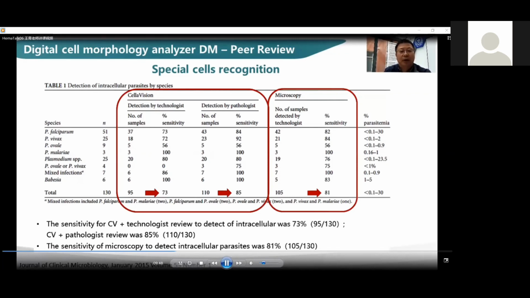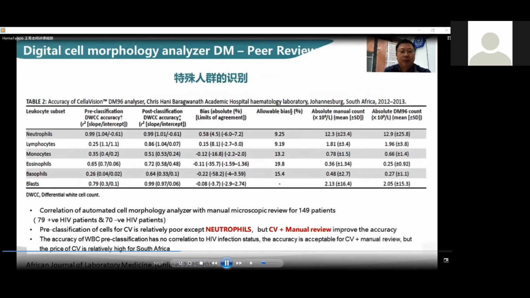On the right side, you can see the PF at high magnification conventional light microscopy. And if you take a look at the result, you can see that the CV plus pathologist review accuracy is around 85%, where the sensitivity for CV plus technologist review for detection of the intracellular parasites was around 73%.